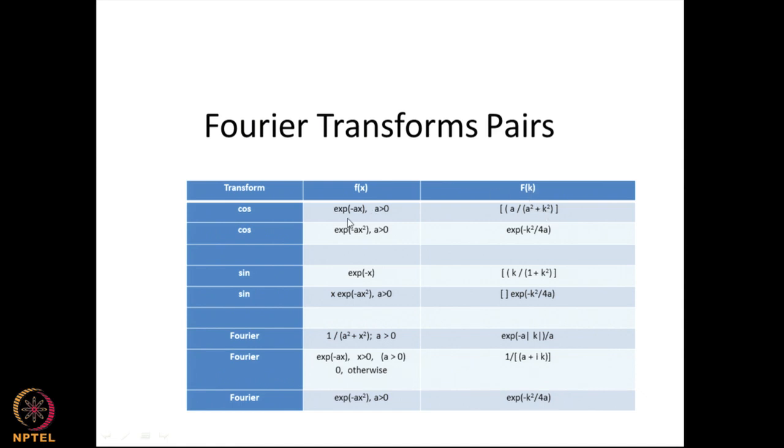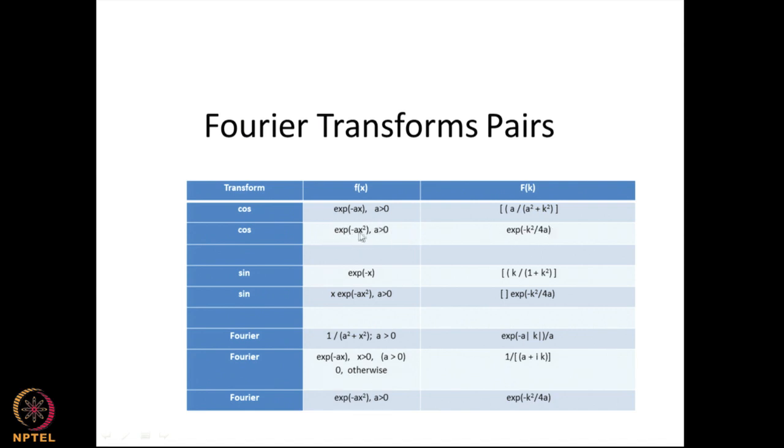When I do the inverse transform, I get the original function. So, for exponential of minus ax, the cos transform is a by a squared plus k squared, and the inverse transform is e to the minus ax. So, suppose I take a Gaussian function, one of the interesting things is that the Fourier transform of a Gaussian is also a Gaussian function.